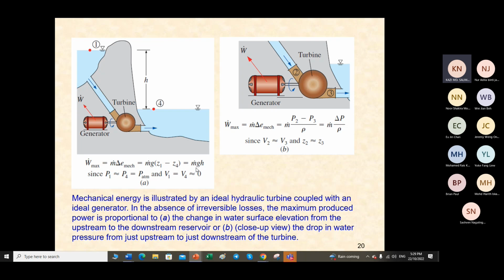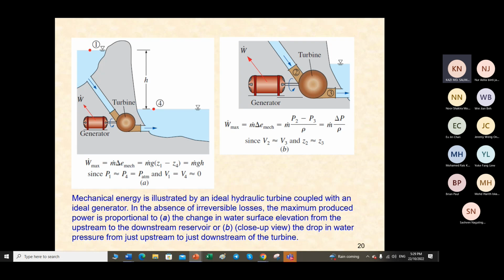So in this case, if the mass flow is m, m into g h indicates how much energy will be extracted from the turbine due to this head difference.